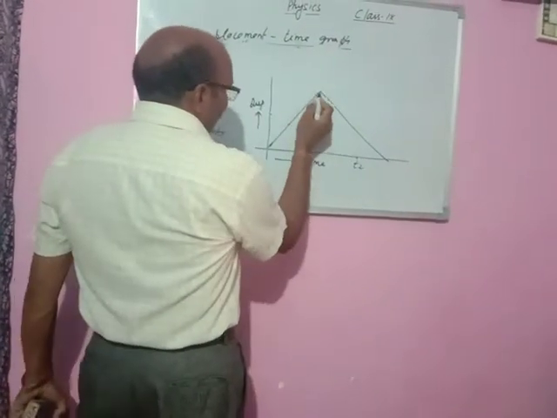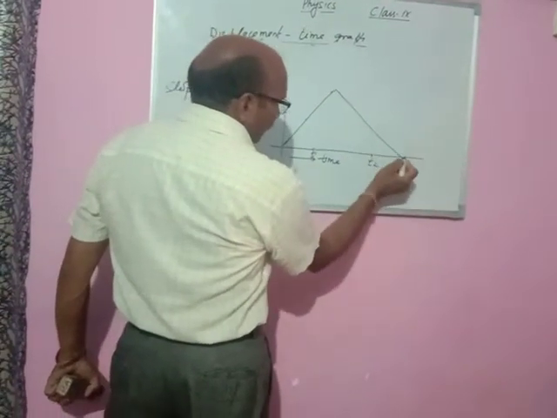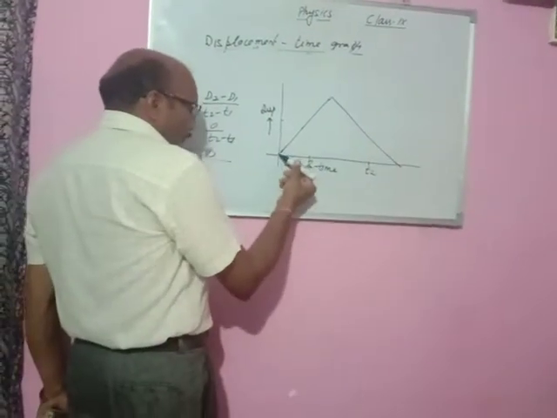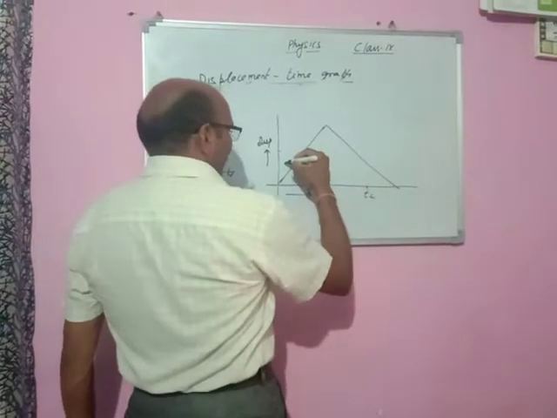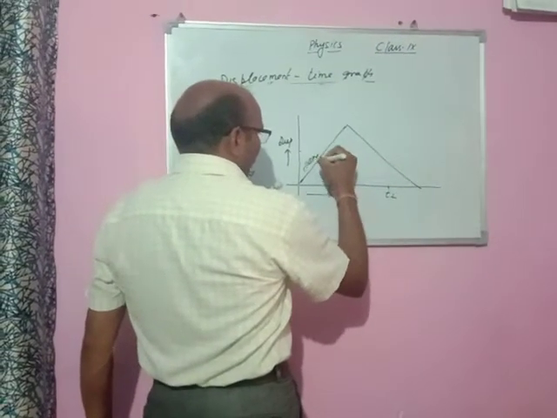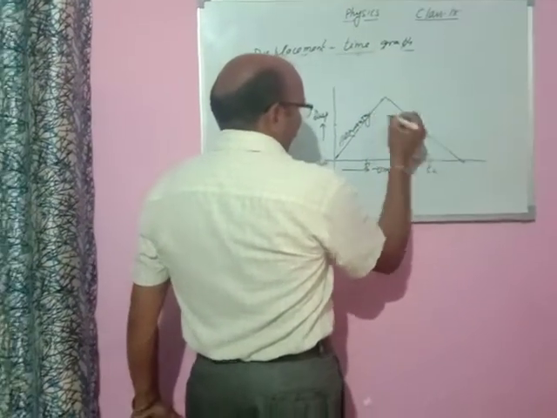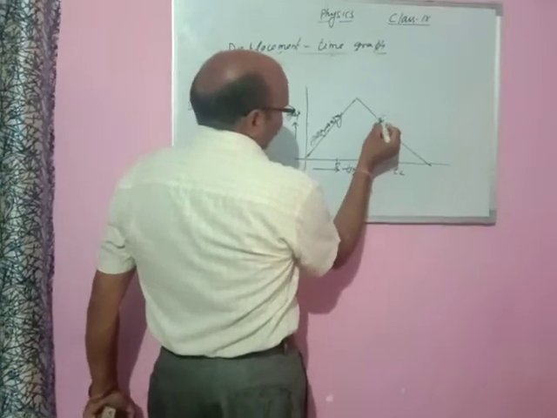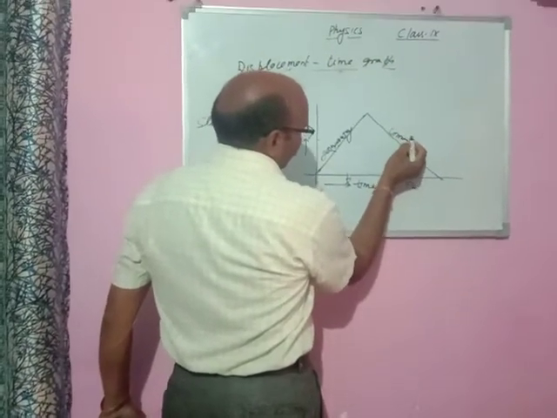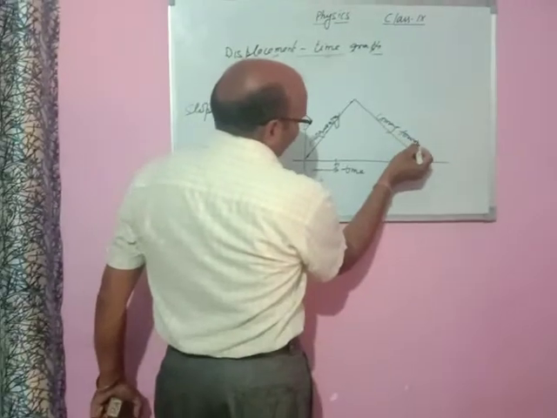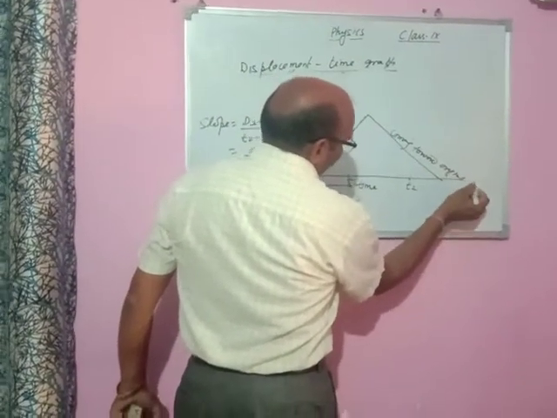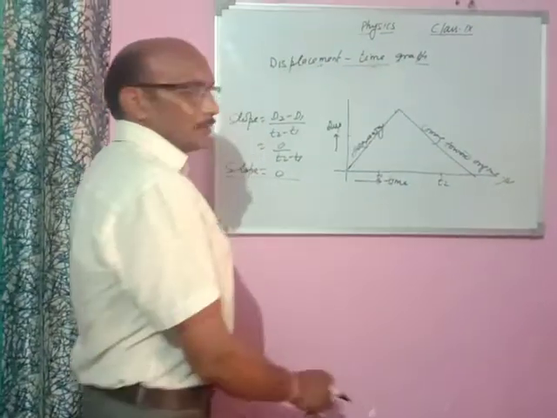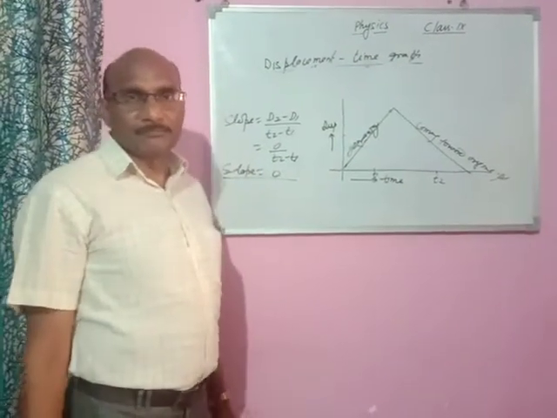Now from this point displacement is negative. It means in this case the object was going away, and then the object is coming back towards the original point. Like this we can analyze the graphs between displacement and time.